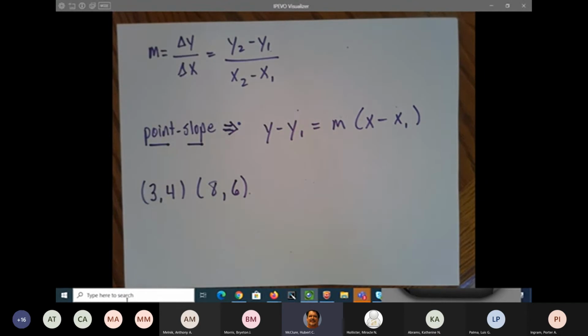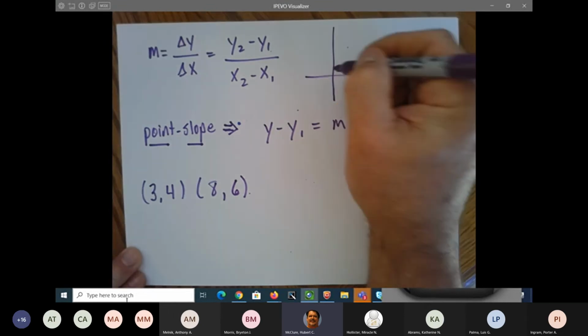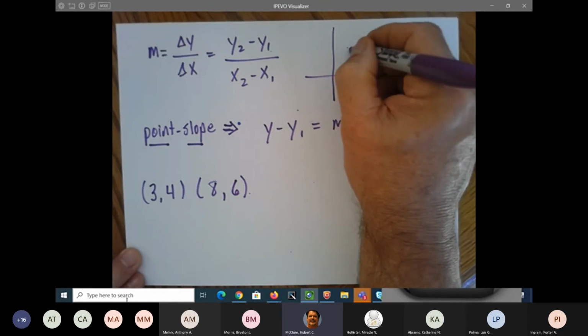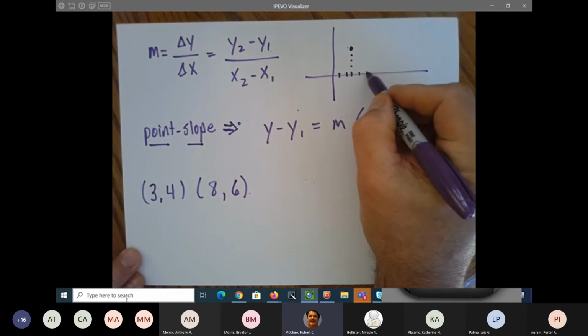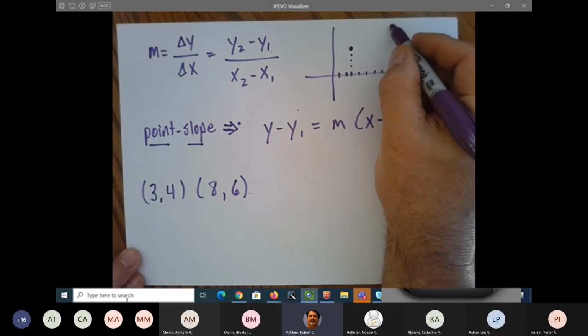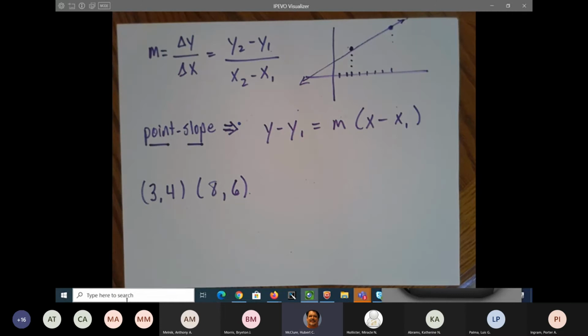So it goes through, let's see, this is in the first quadrant. 1, 2, 3, 4, 5, 6, 7, 8. So there's the line. And I want you to give me the equation of that line.